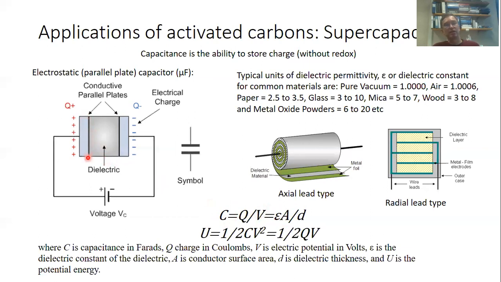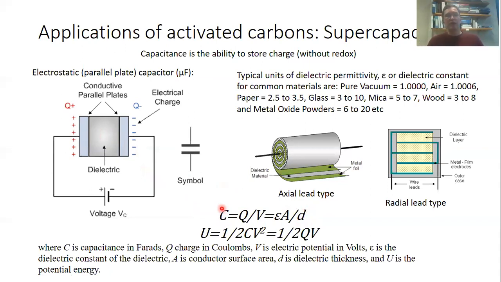Okay, so that makes sense. So the larger the capacitor plates are, the more surface we have available to store charge. On the other hand, the capacitance is inversely proportional to the distance, and so that means the closer we bring our plates together, the larger our capacitance becomes.